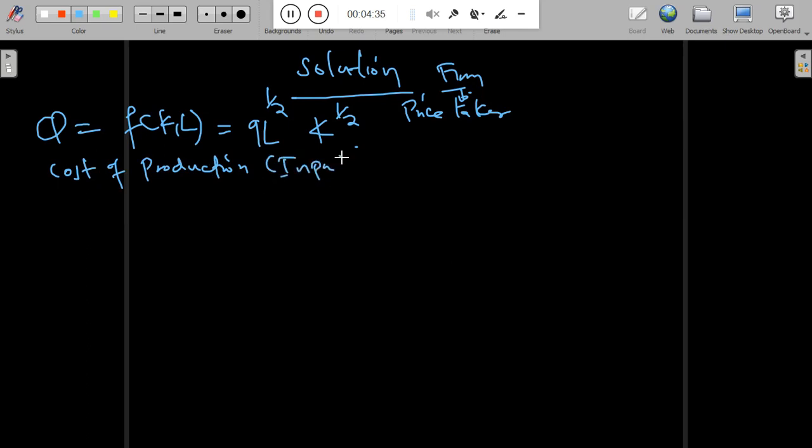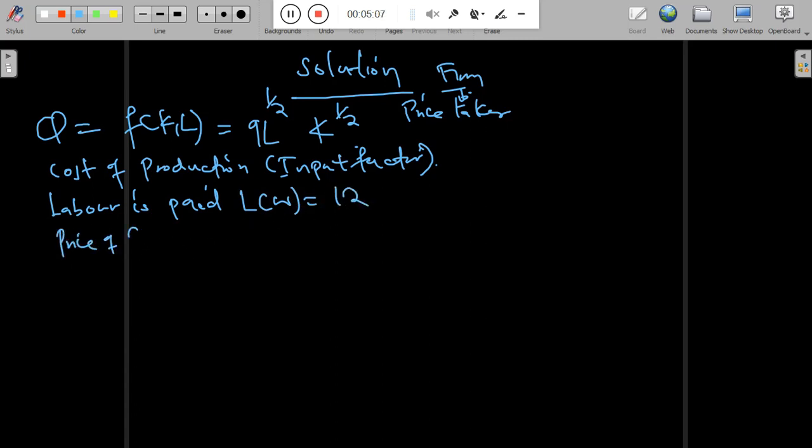So the cost of production of inputs is the capital that was used and paid, that is the interest rate, but also the wage payment to the laborers, that was 12, and the interest rate or the price of capital was 6.